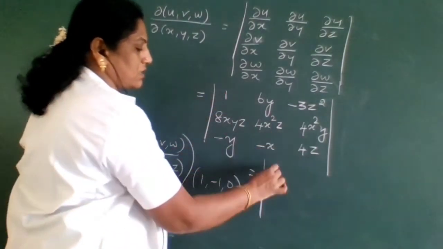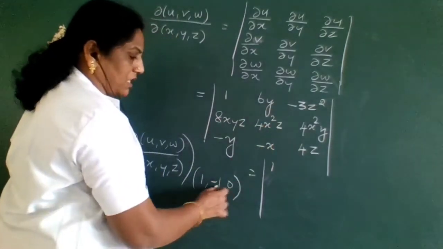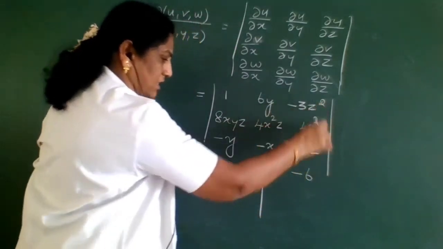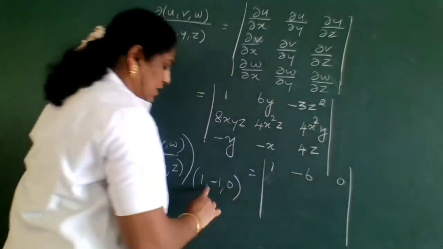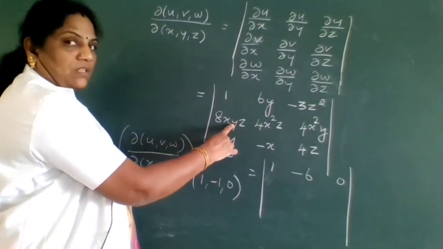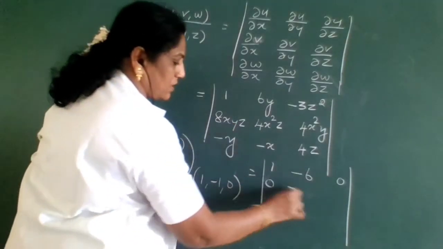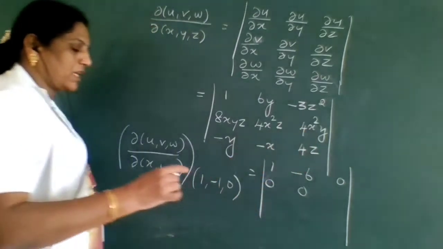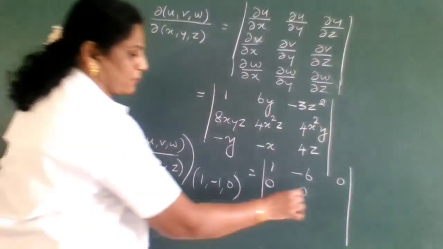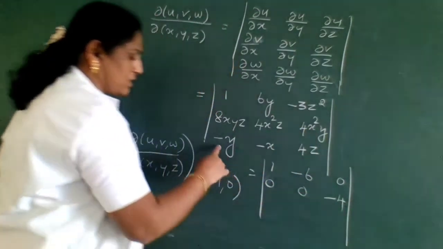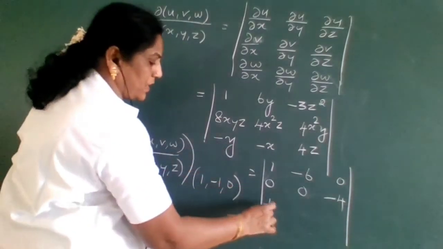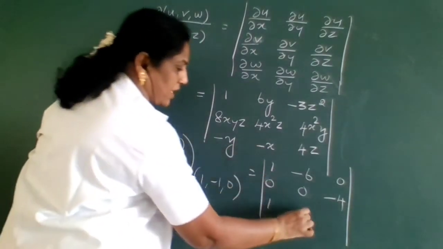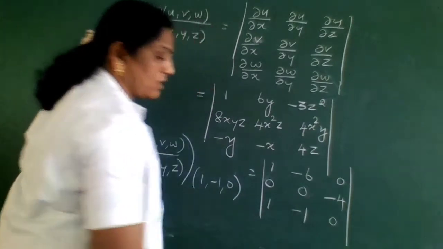So here a constant 1, y equal to minus 1, so minus 6, z is 0, so 0. Next, put z equal to 0, then it is 0. So it is also 0. 4x squared y means minus 4. Next, minus y means 1 and minus x equal to minus 1, and 4z equal to 0.